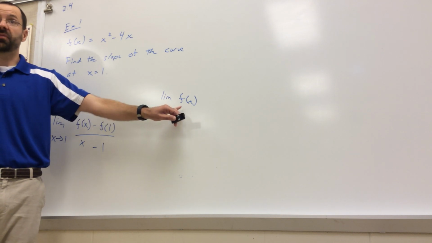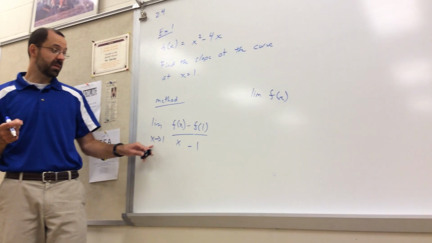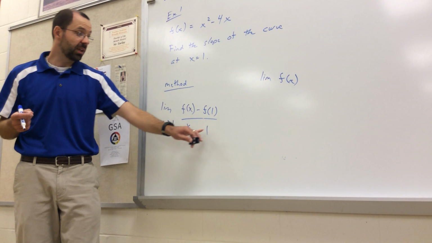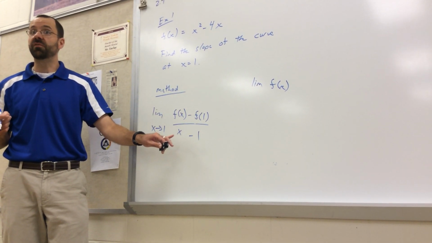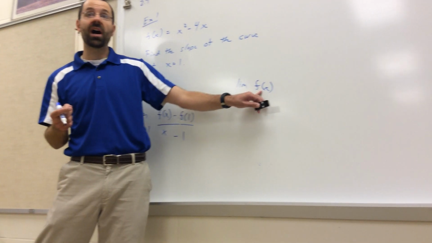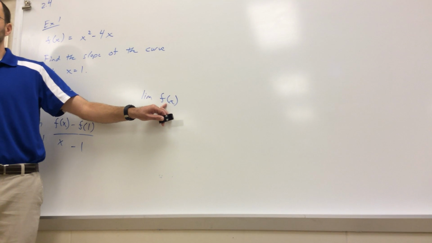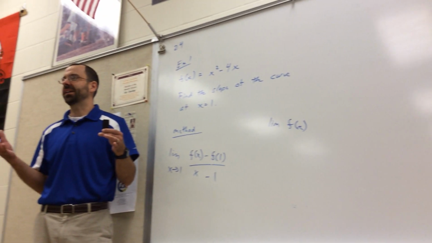You take the limit of f of x. Today, it's a new limit. It's not the limit of f of x. It's the limit of this whole mess, the limit of the slope formula, not the limit of the y value formula. So they're both limits, but they're limits of different things.